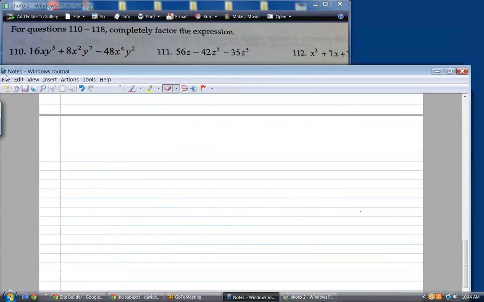Right, so let's do 111. We start with this. First of all, find the greatest common number. I'll give you a hint. It's a single-digit number.